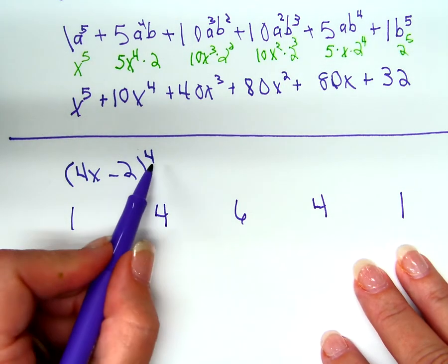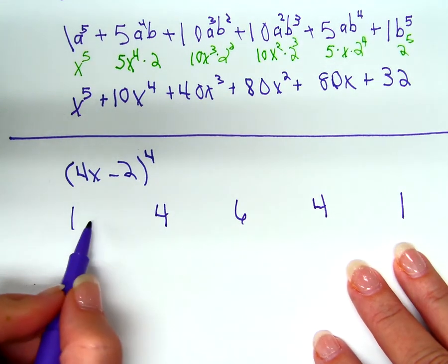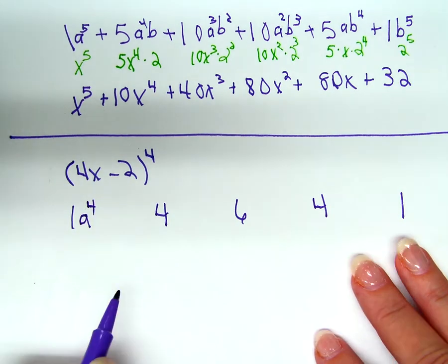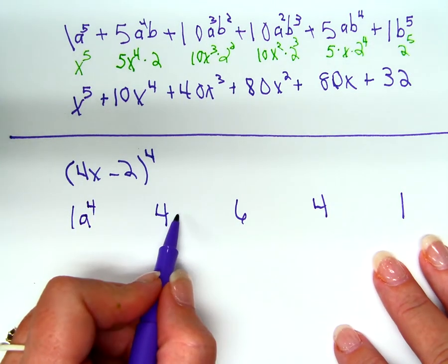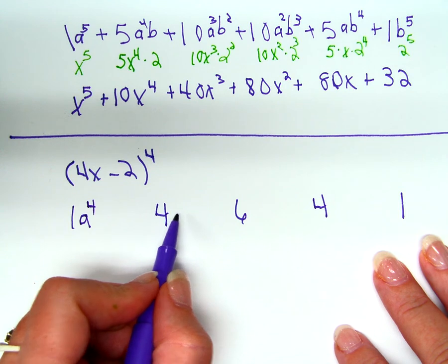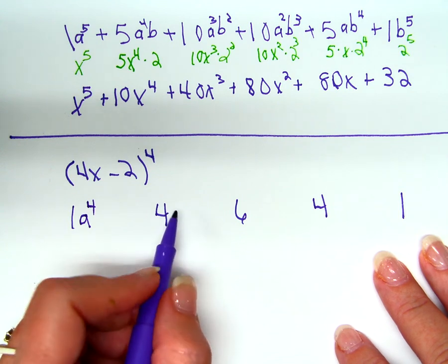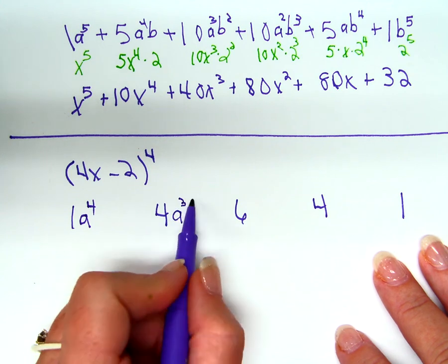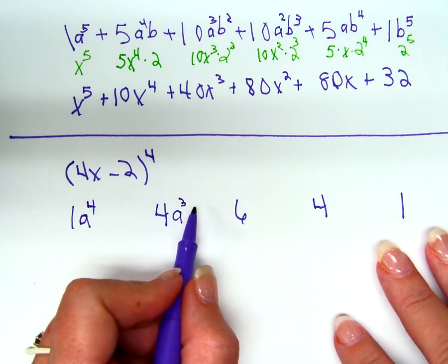If I start with to the fourth, what goes here? A to the fourth. What goes here? You have to talk louder when the air is on, remember? A to the third. Can I go ahead and do both at one time? Are you guys okay with that?